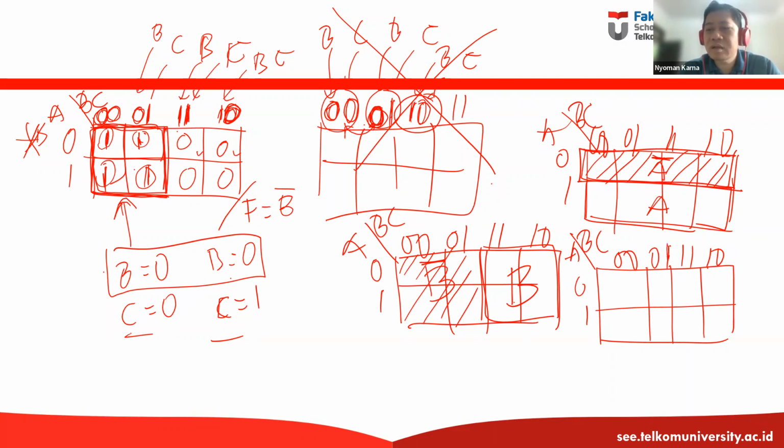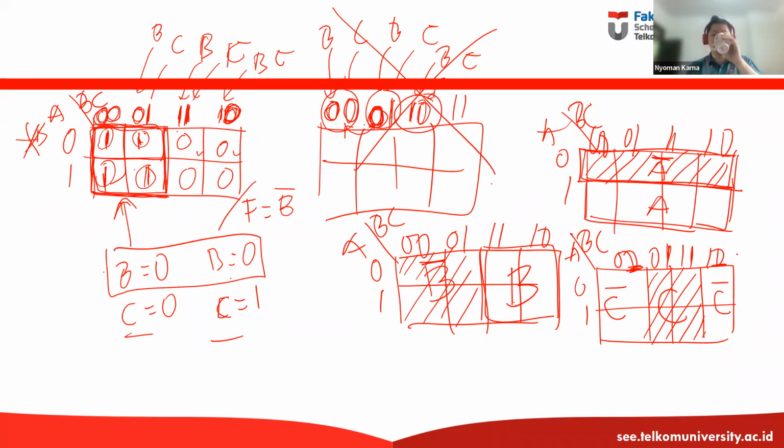C is 1 is on this location. And then this is C not and also C not, because this happens when C is 0 and C is 0.